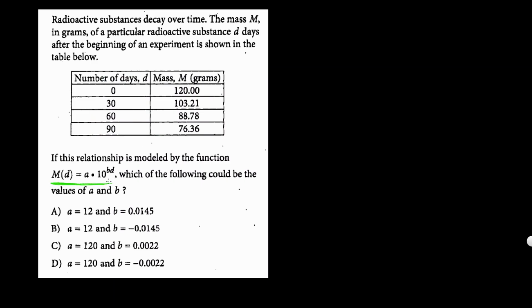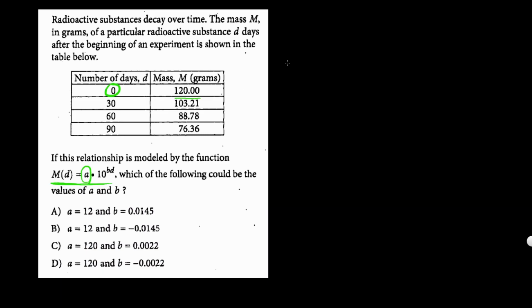If the relationship is modeled by the function, the mass after that number of days is equal to A times 10 to the B D power. A is what you'd call the initial value, and B. Now when D is equal to 0, the mass is 120.